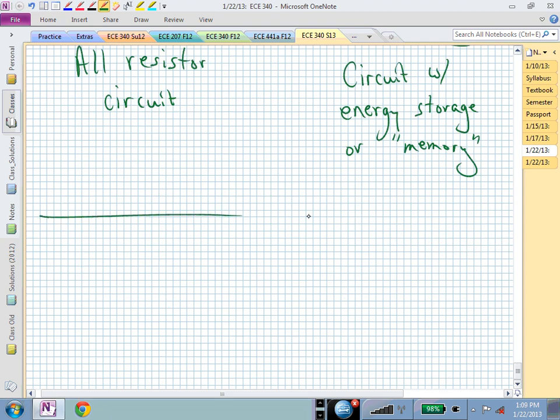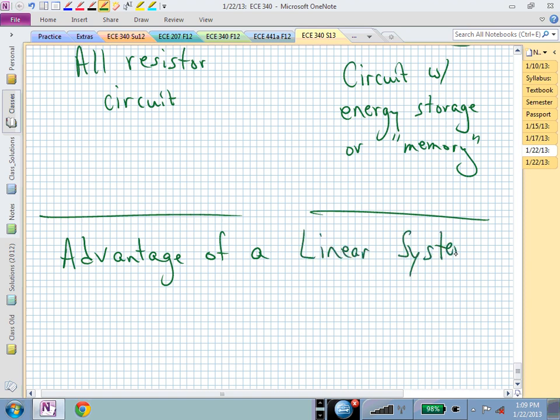Now, what's an advantage of having a linear system? It's easy to analyze. That's the easy. Superposition holds.